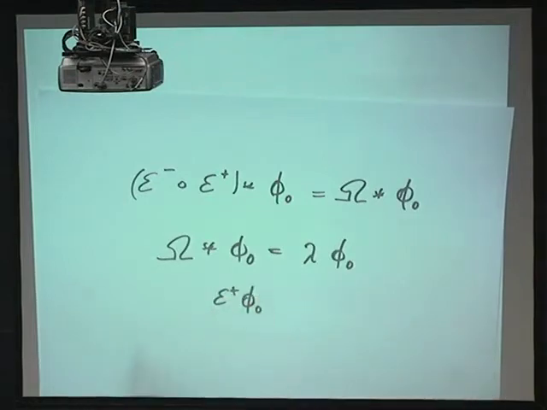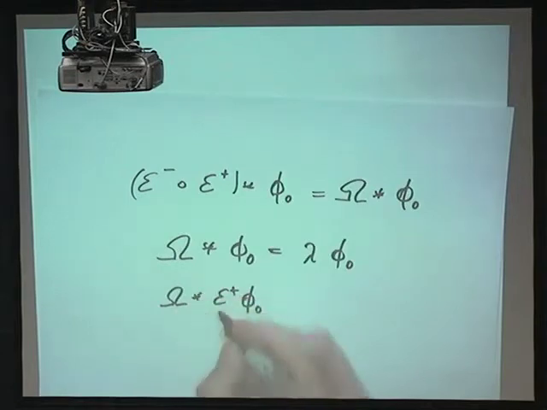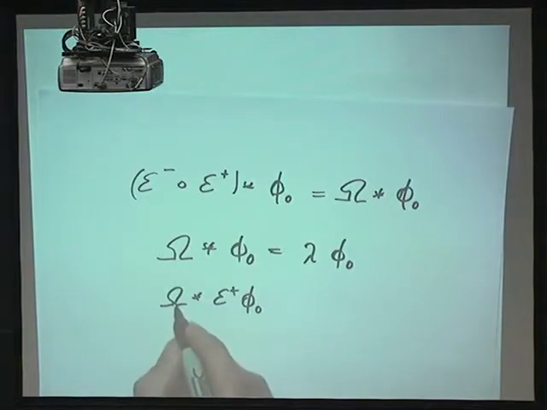The E plus phi 0, essentially up to a constant that is important, gave us the phi 2. And what is the Casimir applied to that? Well, we know that the Casimir is in the center of the universal enveloping algebra.